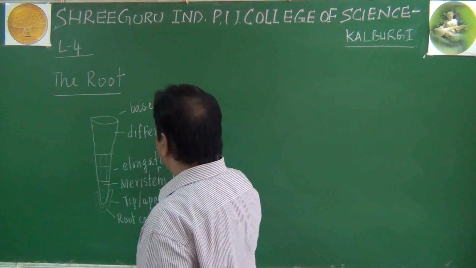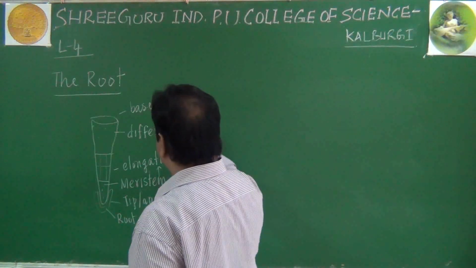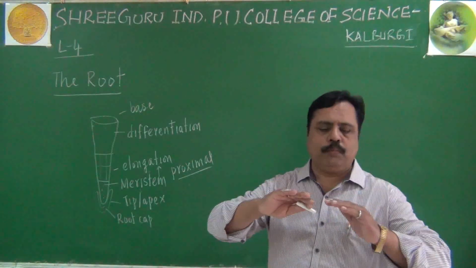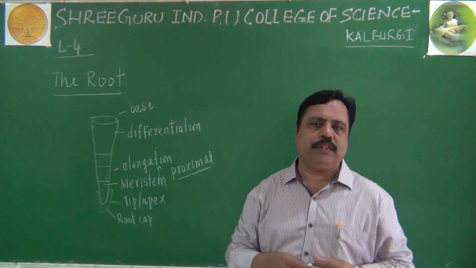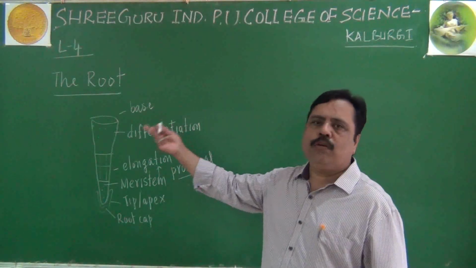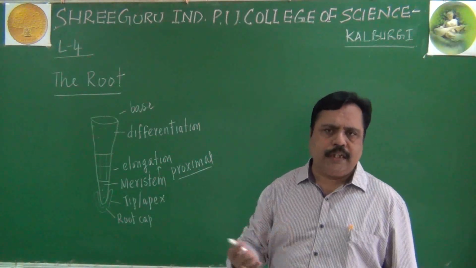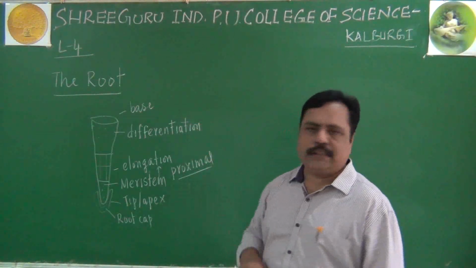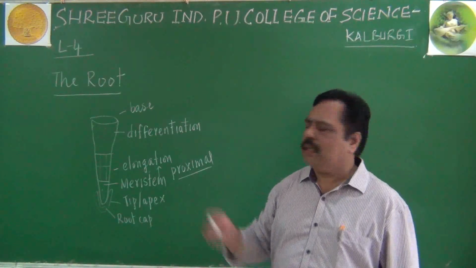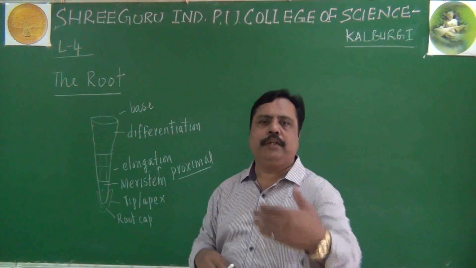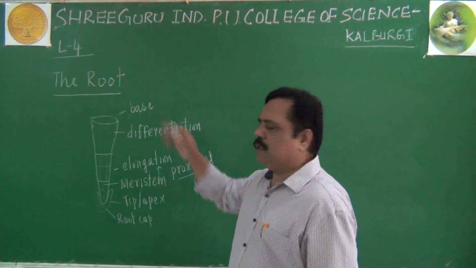What is meant by differentiation? All the elongated cells will start to perform some unique functions by themselves. They will start to perform their own function. Such cells are called differentiated cells, we can say. Due to differentiation, we get permanent tissues from the meristem.